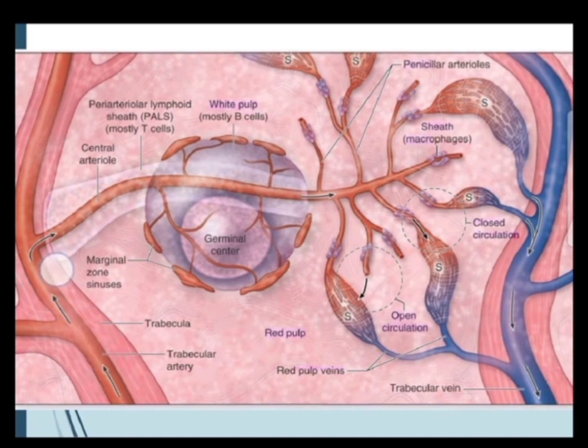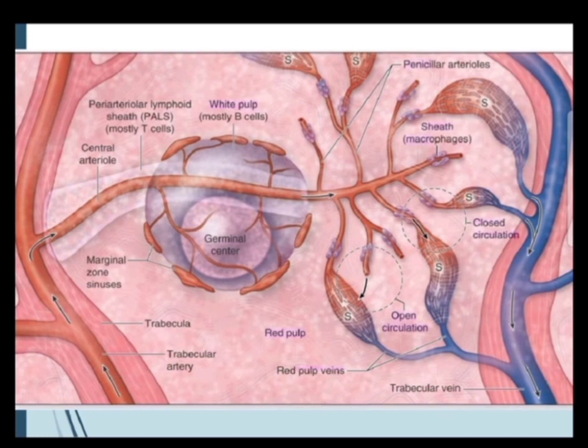These are the trabecular arteries passing through the trabeculae, and then they leave the trabeculae and enter into the pulp, and in the pulp these arteries are surrounded by lymphocytes, forming the periarterial lymphatic sheaths, PALS.